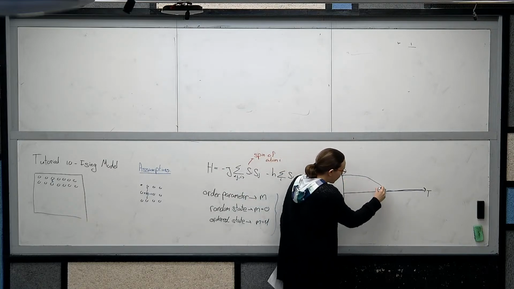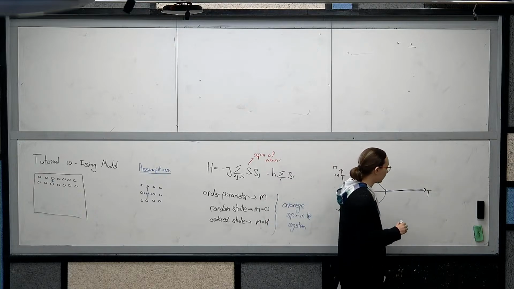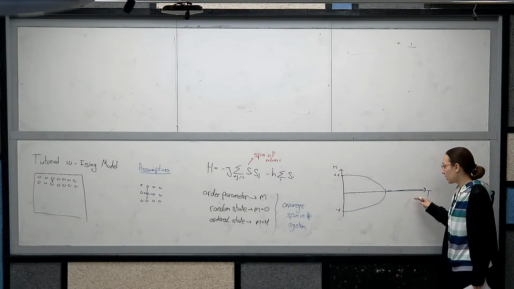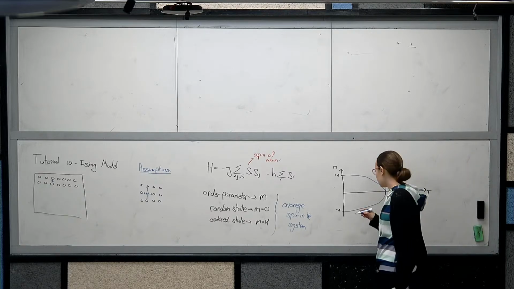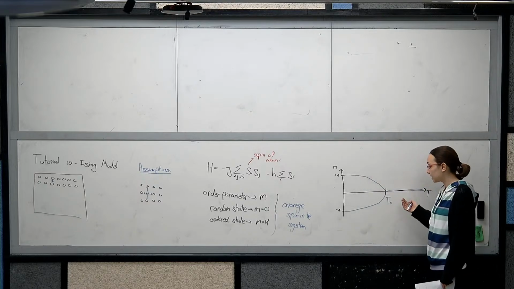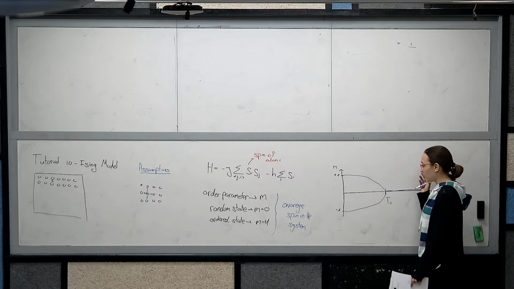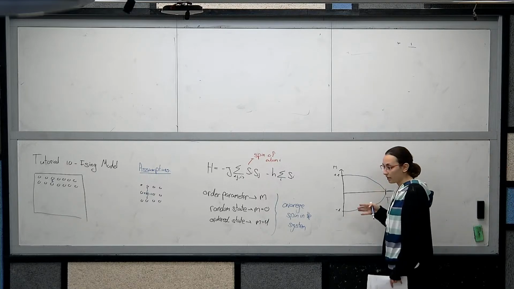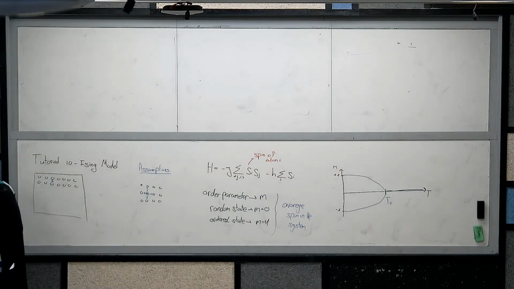As we go higher in temperature, the system goes to a random state. We can point at this point and call it the critical temperature and say we have a phase transition at this point. Above this point, we're in a random state, and below this point, we're in an ordered state. So we have here some phase transition.